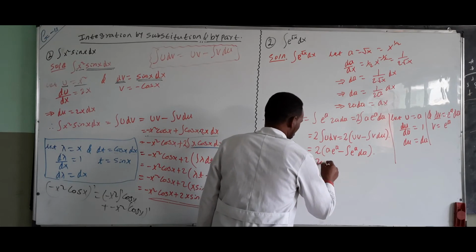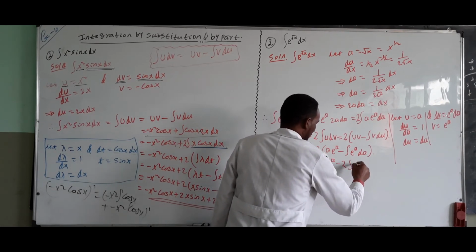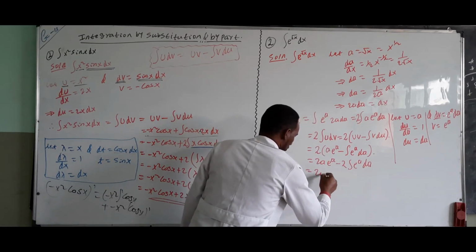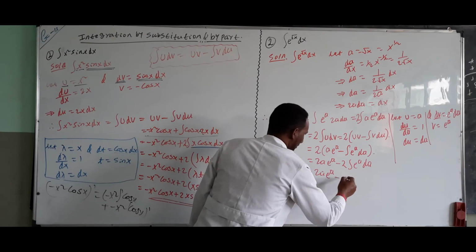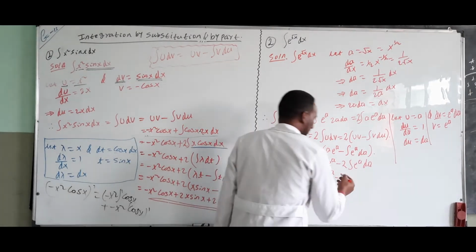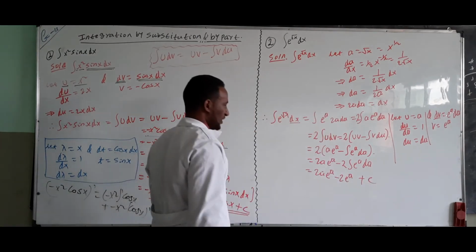Which is equal to 2a e the power of a minus 2 integration of e the power of a dA, which is equal to 2a e the power of a minus 2 times e the power of a plus some constant c.